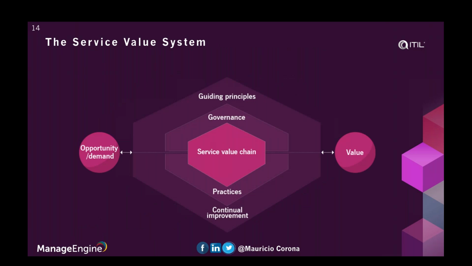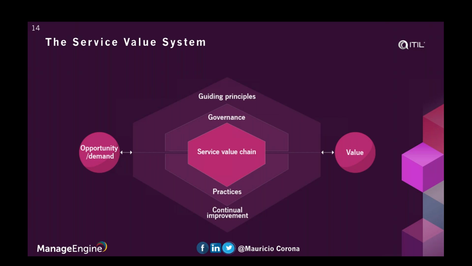If you say, hey Mauricio, what's the evolution of ITIL V3? Okay, I will say, you used to have the service life cycle: strategy, design, transition, operations, and continual service improvement, and you're moving forward to the service value system. This is the ITIL 4. So the first thing to consider is you are going from demand to value.